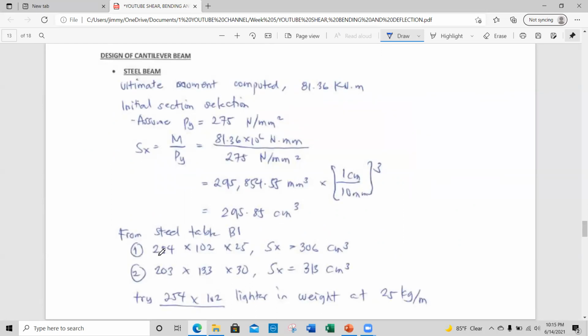So as we calculated earlier, the ultimate moment is this one, 81.36. And let's say the design strength of steel is 275 megapascal.